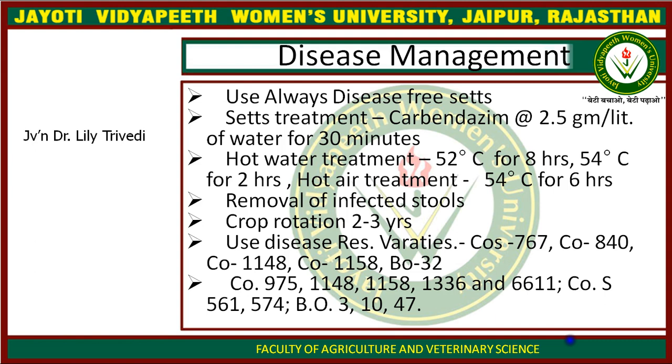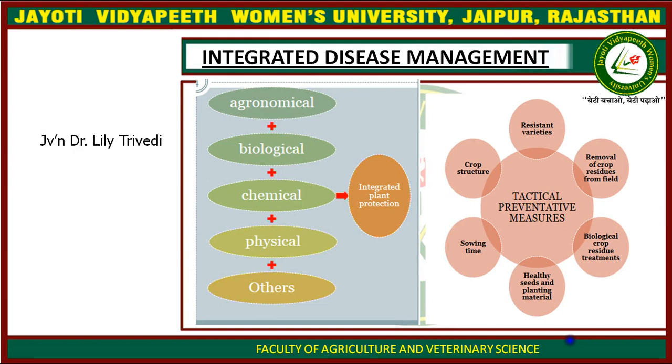More varieties are CO 975, 1148, 1158, 1336 and 661, COS 561, 574, BO3, BO10 and BO47.